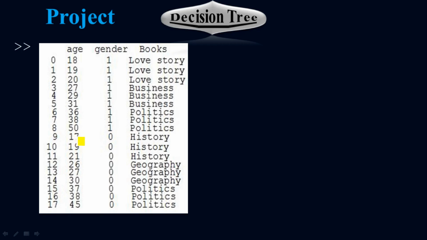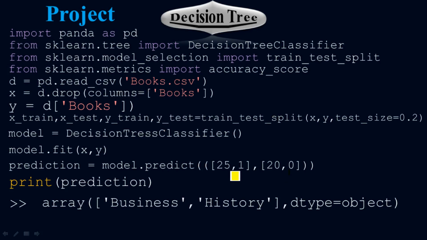For the 0 we have 17, 19, 21, 26, but we don't have 20. 20 is missing, so we can categorize that new data into its respective class. 20 comes after 19 and before 21, so 20 with a 0 comes with the history category. Therefore, the data 25, 1 has been classified with the business category, and 20, 0 has been classified with the history category.